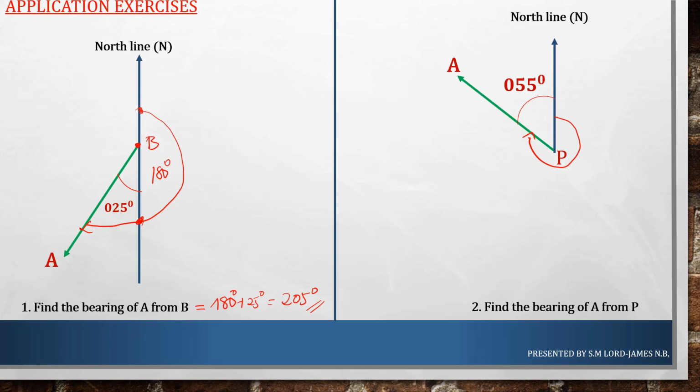So if we call our bearing a certain x, then x plus 55 degrees should give us 360 degrees. So x will be 360 degrees minus 55 degrees, which gives us 305 degrees. So the bearing of A from P is 305 degrees. And that is how it is done.